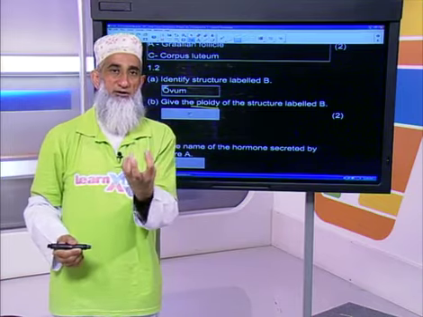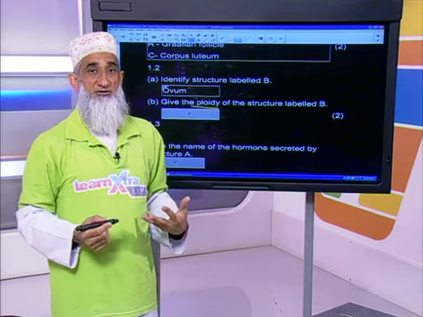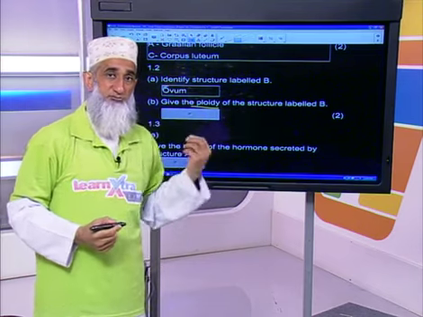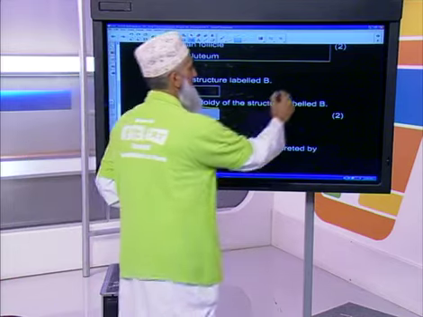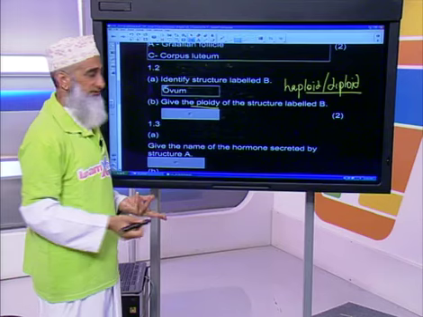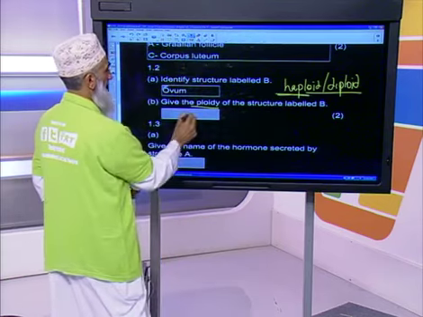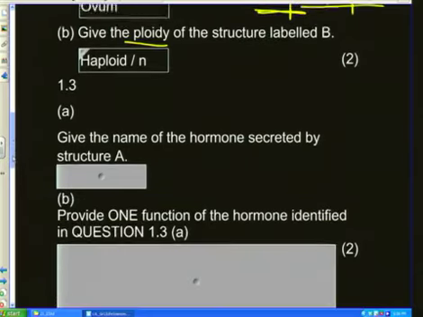There's only 2 words that you have learned with this ploid in it, and that would be haploid or diploid. So, is this structure B haploid or diploid? This is what the question is asking. And obviously, because it's a gamete, it would be haploid or N.